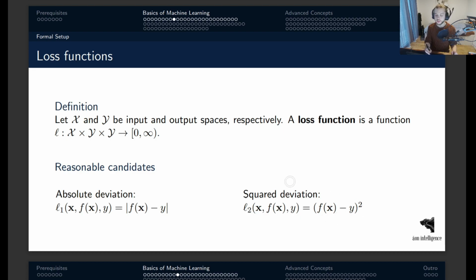And a second natural candidate for a loss function is the squared deviation. And this is because the square will turn this deviation positive no matter what. But also squaring will amplify larger deviations, so it will penalize larger deviations more heavily in our optimization problem, and smaller deviations will be more negligible.